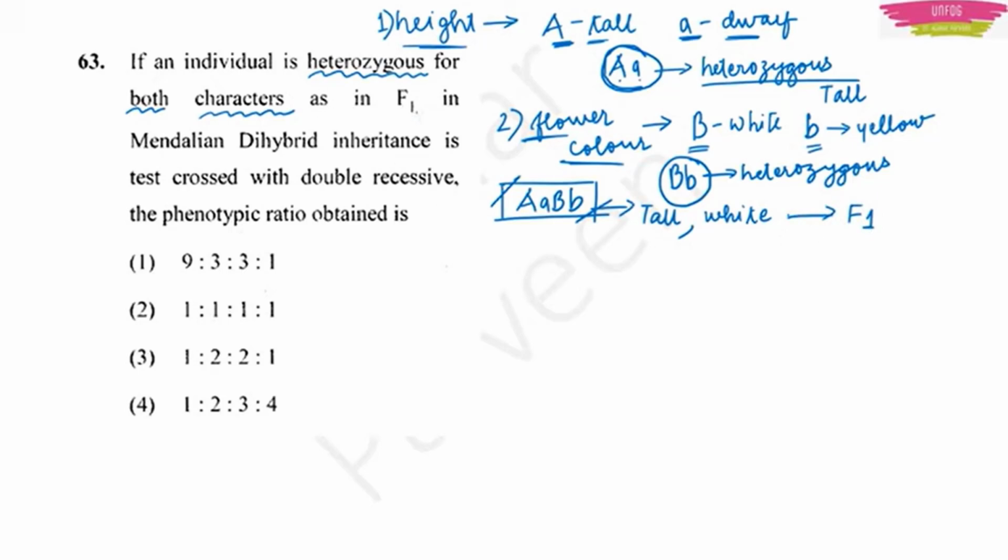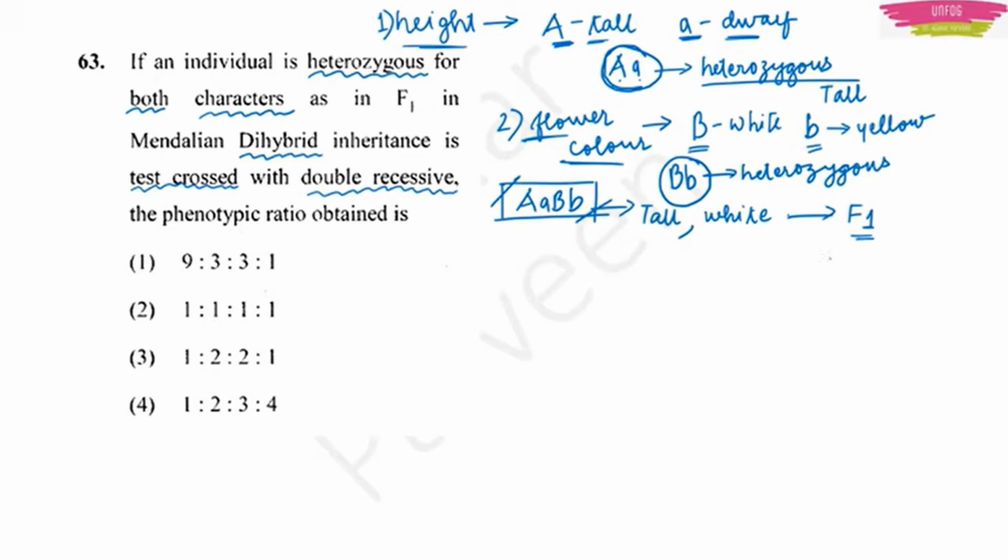See, as in F1 in Mendelian dihybrid inheritance. He is saying dihybrid. Dihybrid means we take two characters in that cross, right? And this F1 is test crossed with the double recessive. Basically there are two types of crosses: one is back cross, one is test cross. Back cross means the F1 generation progeny is crossed with one of its parents.